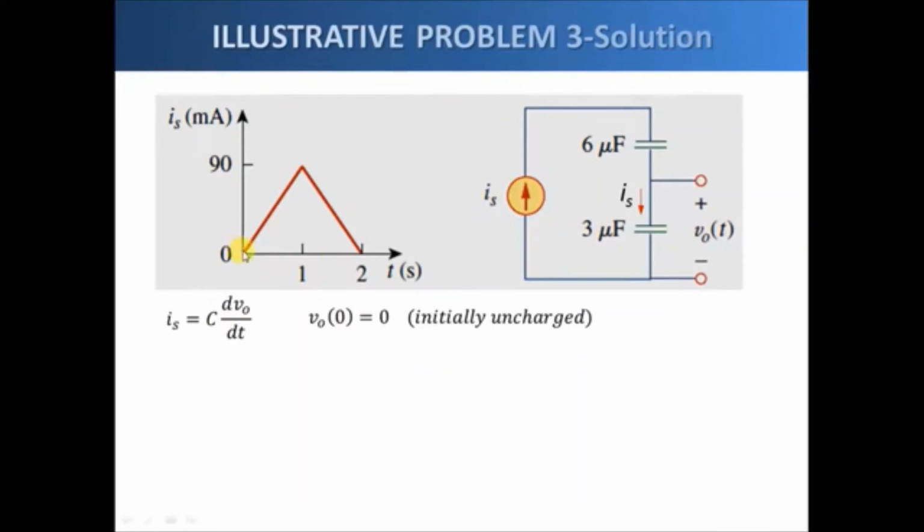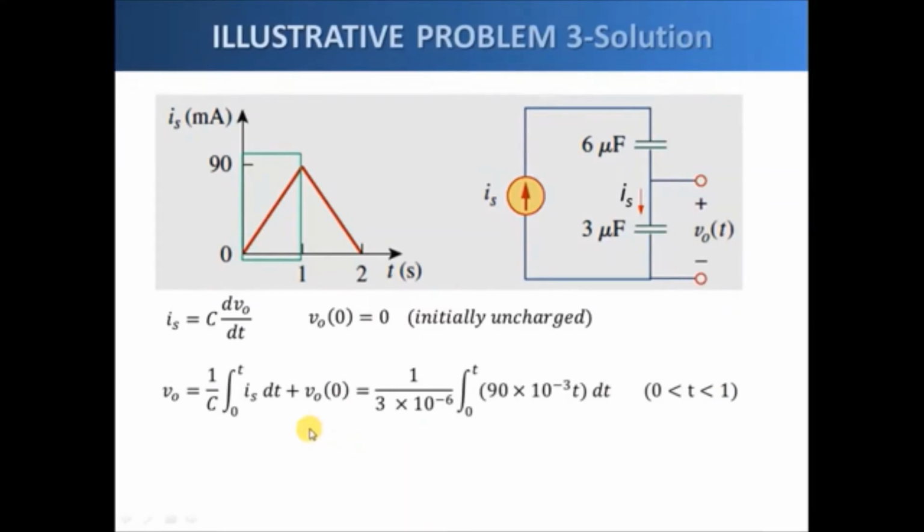So we first identify this portion. We can use the formula for the voltage, that is the accumulated charge plus whatever the initial voltage on the capacitor. First we need to identify the function I sub S between 0 and 1 second.